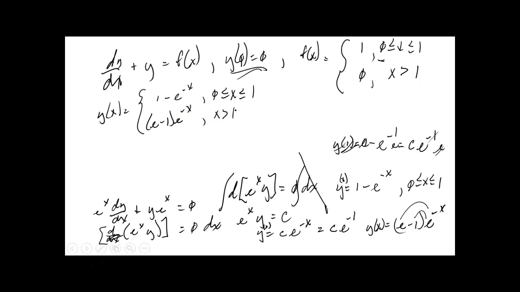So there's a solution. And it's continuous. Not continuously differentiable, because there's a peak, almost a cusp there at x equal 1. But it is continuous throughout. Make sense?